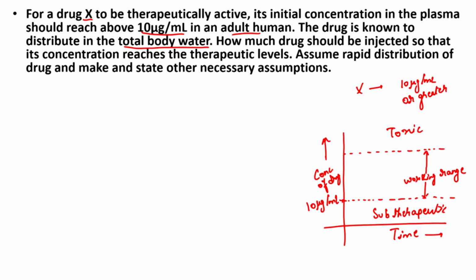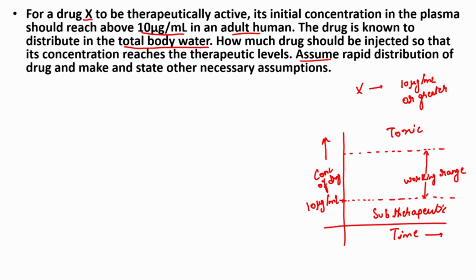And then the question asks us to assume that the drug is rapidly distributed and state other necessary assumptions. Obviously, if we talk about a real clinical scenario, we need a lot more information which is not given in this question, because technically we should know what the elimination rate is.